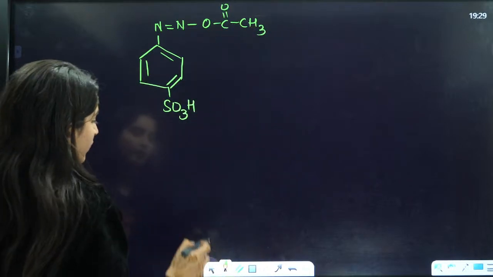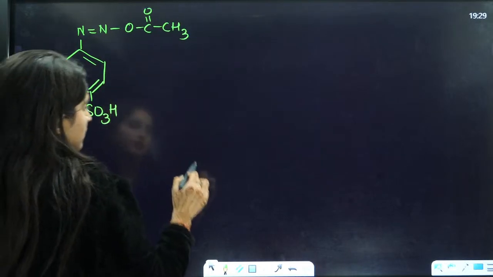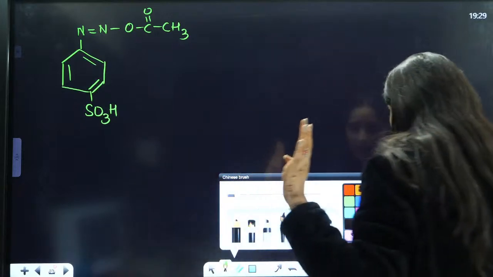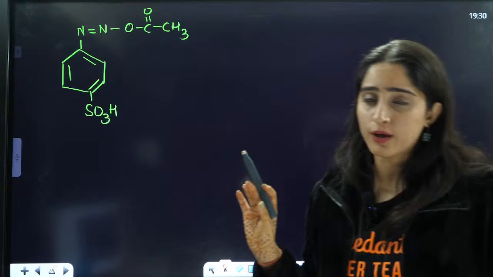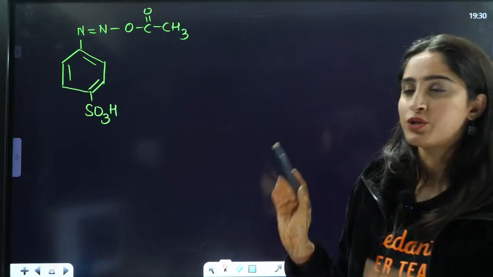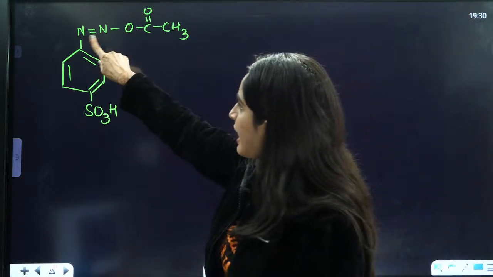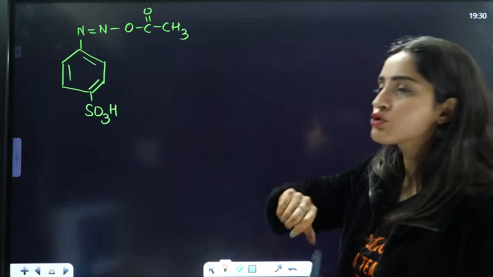This is a very important, good question. That's why I say in your competitive exam you will find very simple questions as well as good tricky questions. So this is N double bond N, OCOCH3. This is called X.